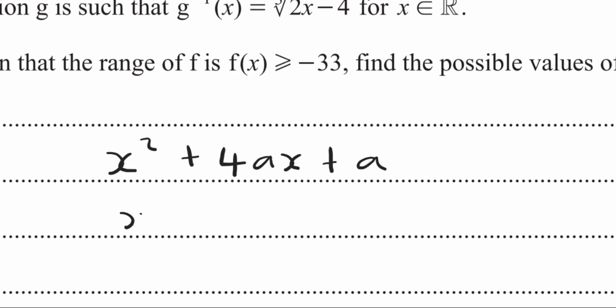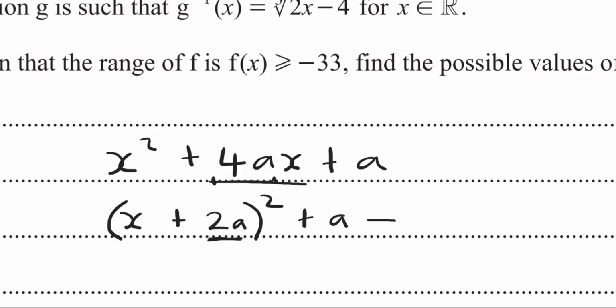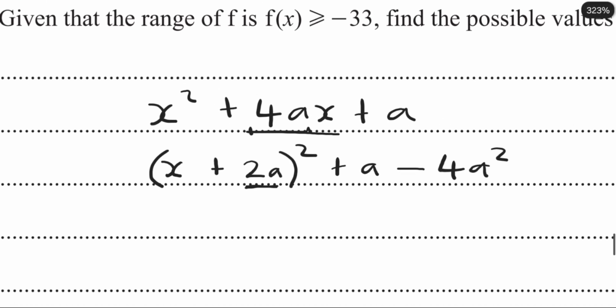For that, we'll say x plus half of 4a, that will be 2a, squared, plus a, then we subtract this 2a squared, which is 4a squared. So this is the completed square form of f of x.